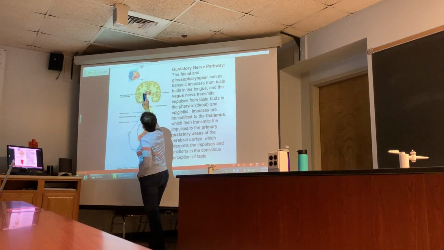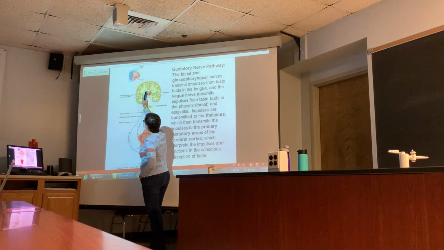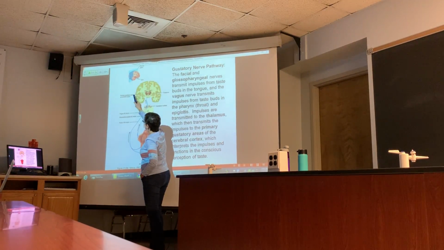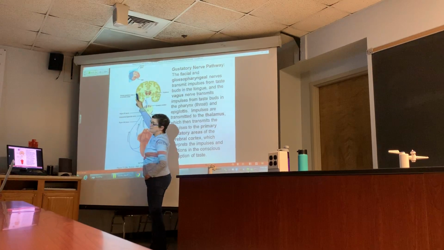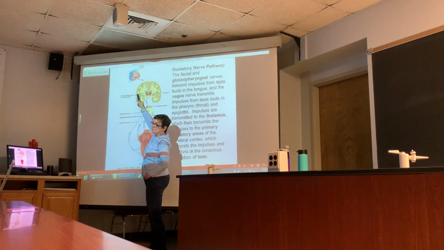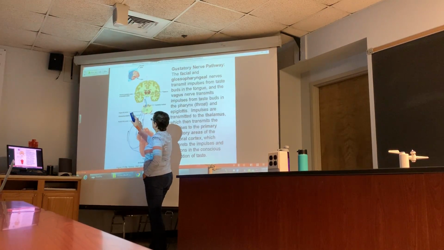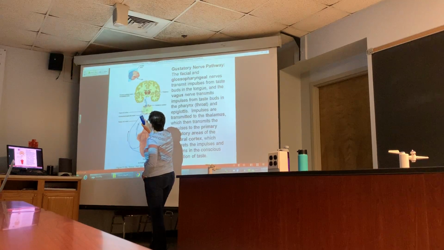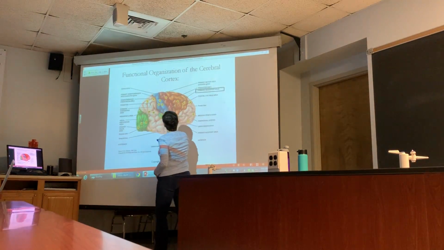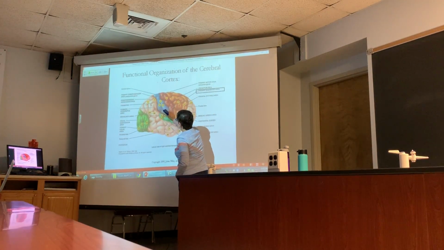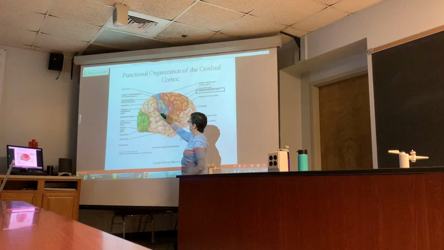And then from there, there's communication with a second order interneuron that sends that sensation to the primary gustatory area in the lateral side of the cerebrum in the temporal lobe. And there's a picture of that area right here around this 43, about there at the base of the postcentral gyrus.